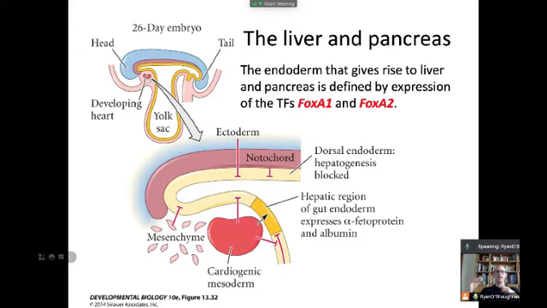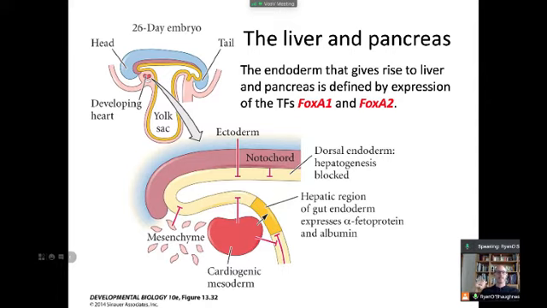So near the dorsal endoderm, where the notochord secretes factors, hepatogenesis, the production of the liver, is blocked, and instead development of the pancreas is favoured. The cardiogenic mesoderm and the mesenchyme adjacent to this secretes factors which block the formation of the pancreas, and this gut endoderm expresses alpha fetoprotein and albumin, which are components of the liver.